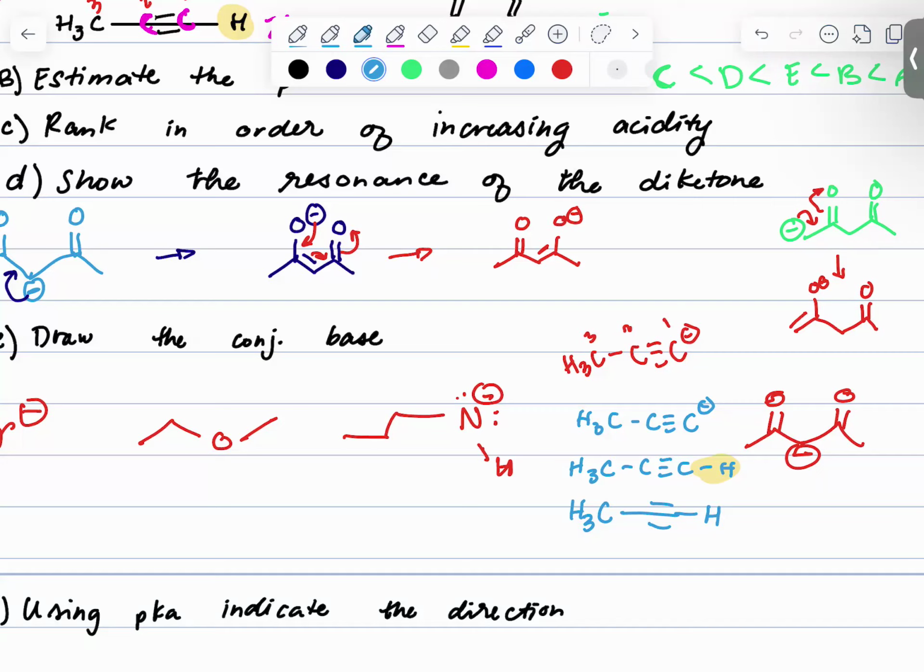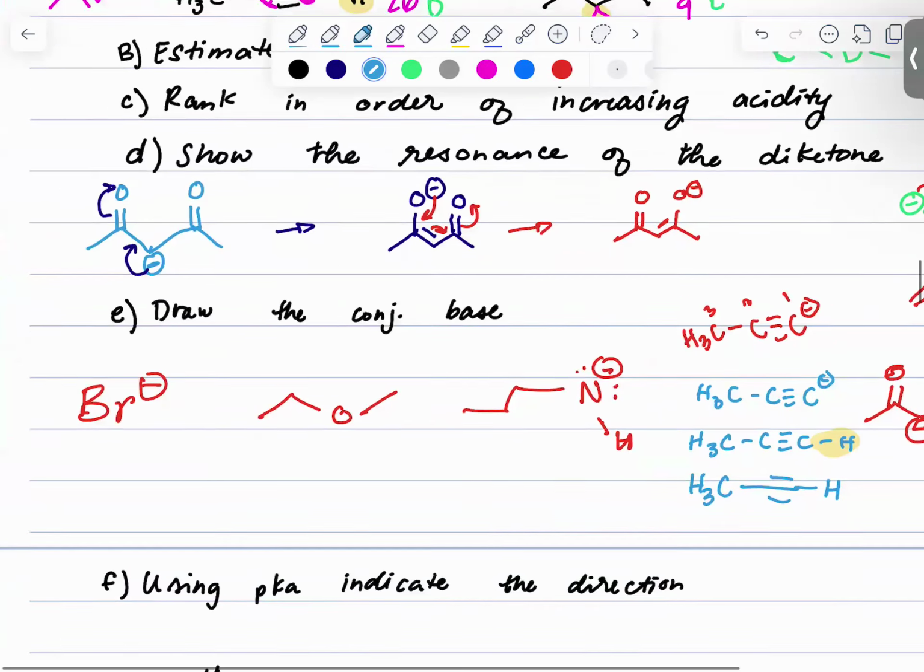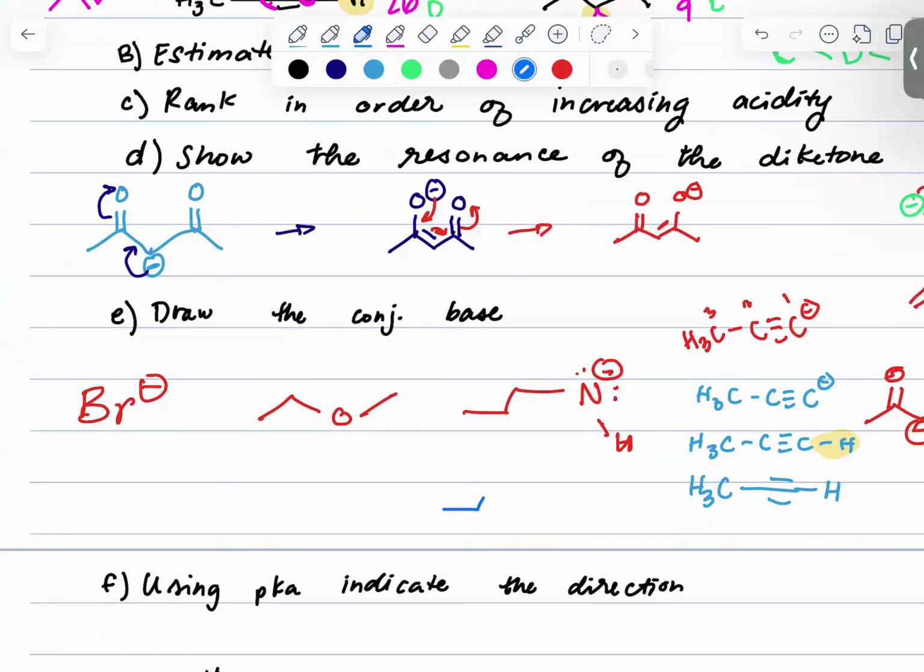Yes, what's up? So this is our original structure. We then lose a proton. So we're gonna have something take that away. These electrons are gonna go back onto the nitrogen.